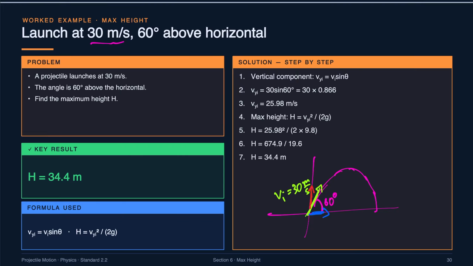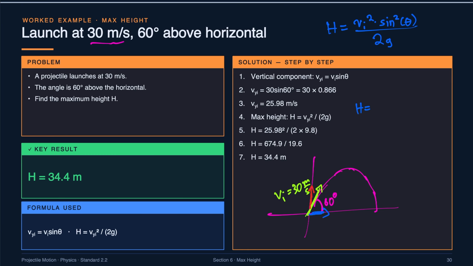Okay. We know h is equal to velocity initial squared times sine squared theta over 2g. In this case, velocity initial is 30 meters per second.